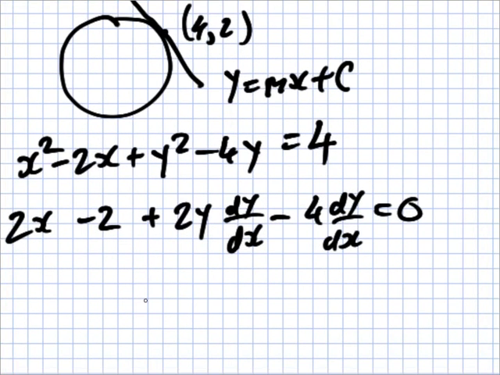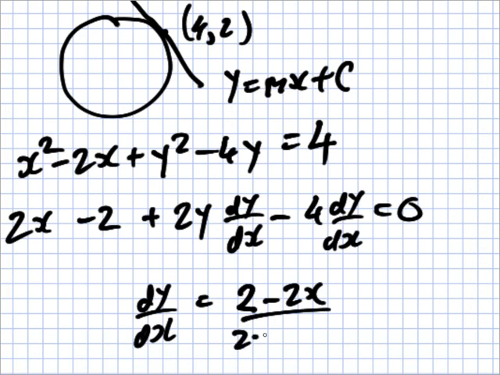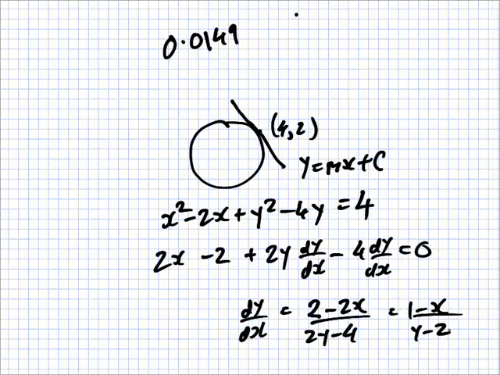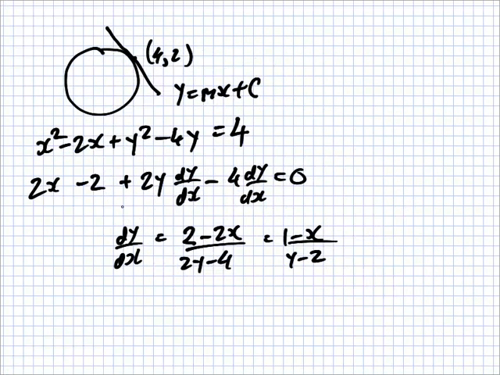If I solve this, I get dy/dx equals 2 minus 2x over 2y minus 4, which is 1 minus x over y minus 2. But I actually know what the x and the y is. What's the x? X is 4 and the y is... Now that's quite interesting because that has given me an error because I'm dividing by 0.